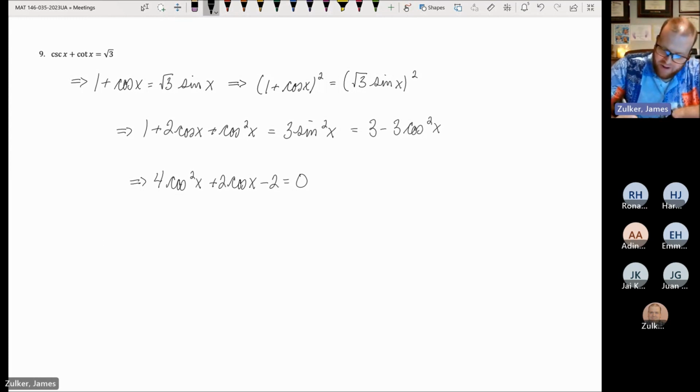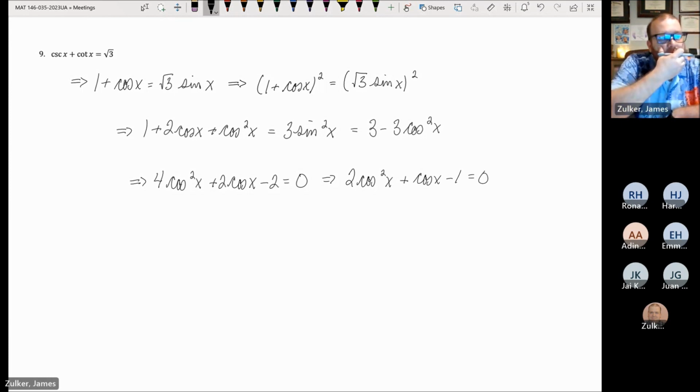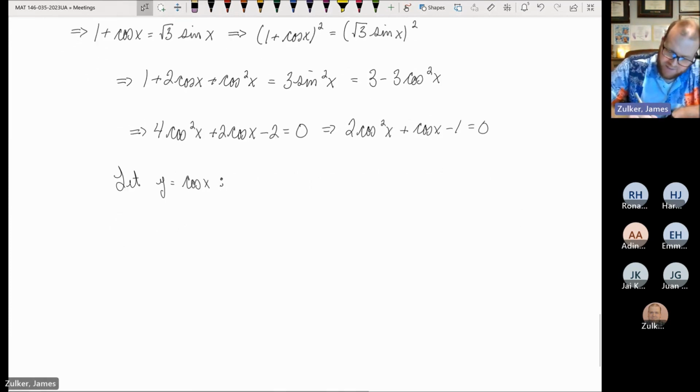We can multiply everything through by 1/2. I change a variable to let y be cosine of x.